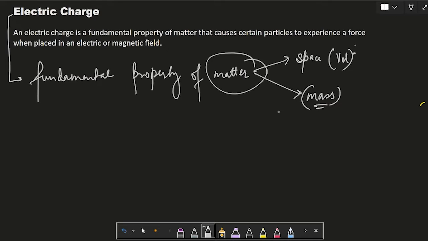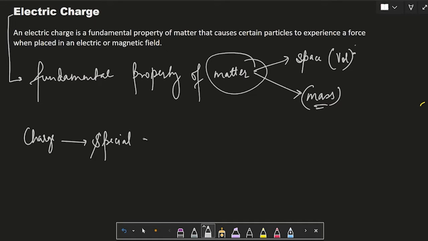Similarly, charge is also a fundamental property of matter, but apart from being fundamental, it is a special property, where all matter is not charged. All matter has mass, but all matter is not charged.